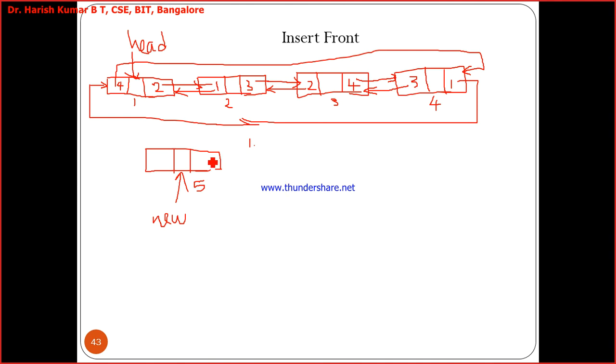See now, in the right link of the new node, I need to store the address of this node, no? Yes or no? Yes, sir. Here I got to store 2. How to do that? new arrow r link is equal to head arrow r link, because address of this node is stored here itself.